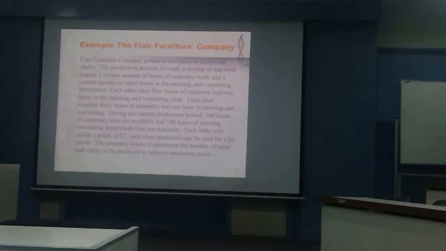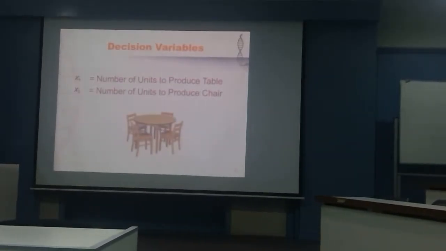Let's say I'm using x1 to be the number of tables to produce, and x2 to be the number of chairs to produce. These are the two decision variables. Then we do the formulation.